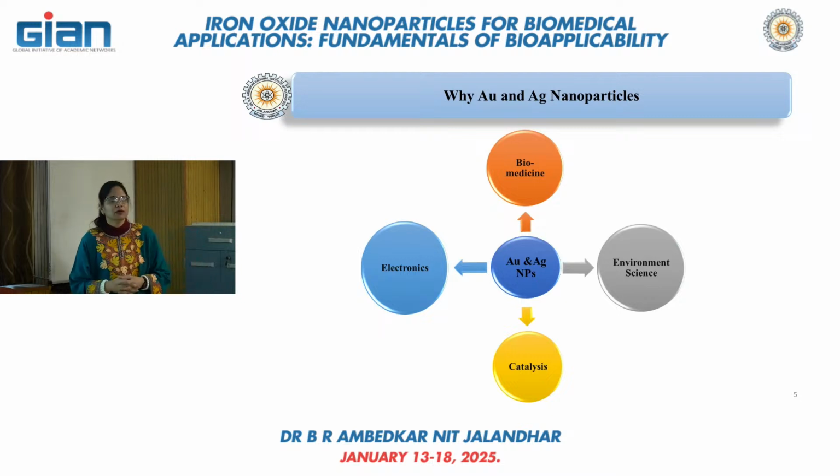Apart from that, these days we are using silver nanoparticles for antibacterial applications also. You have seen washing machines or microwaves with silver nanotechnology. What is silver nanotechnology? It's antibacterial. You will not have a foul smell, or the bacterial growth will be lesser in that equipment, right? So these are the applications.